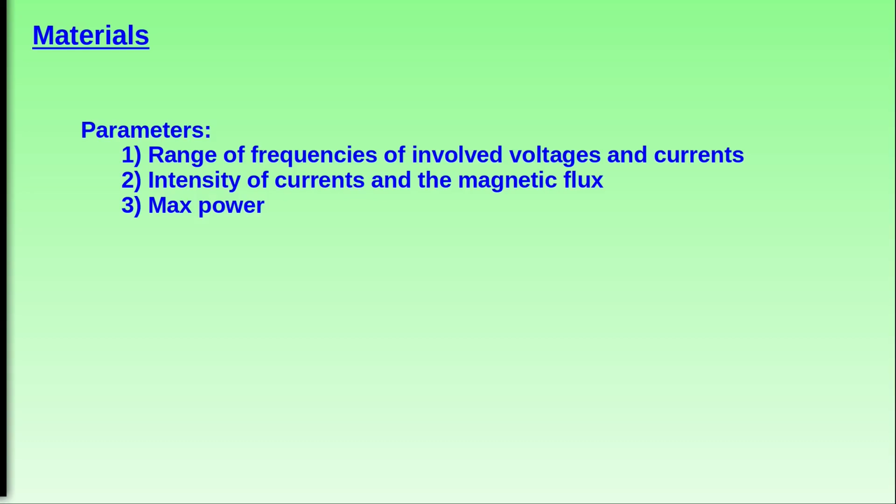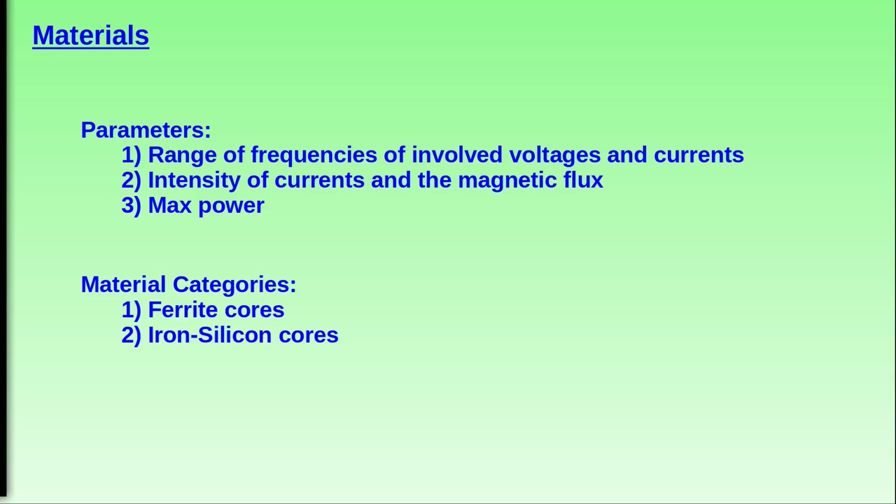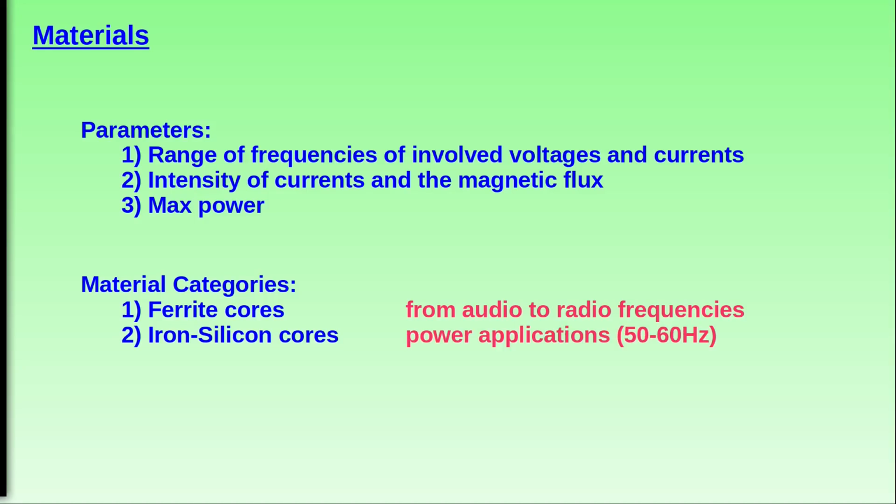For that, we distinguish two main categories of materials that we can use to make a core: ferrite cores and iron silicon cores. Ferrite cores are used for high-frequency applications, from audio frequencies up to radio frequencies. Iron silicon cores are used for power applications, with frequencies around 50 Hz.